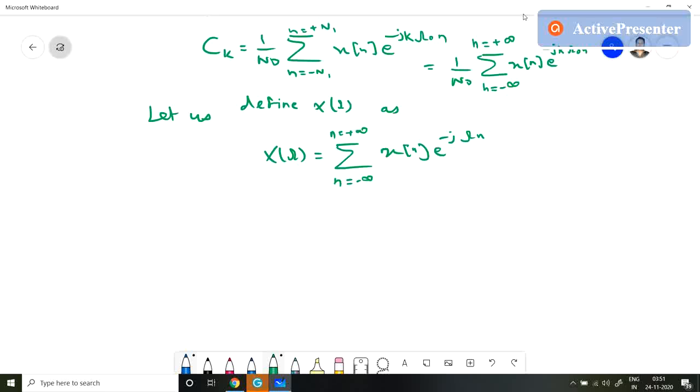So that Fourier coefficient c k can be expressed as 1 divided by n naught into X of k omega naught.